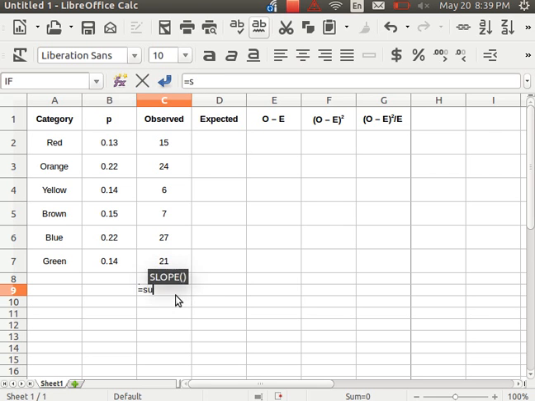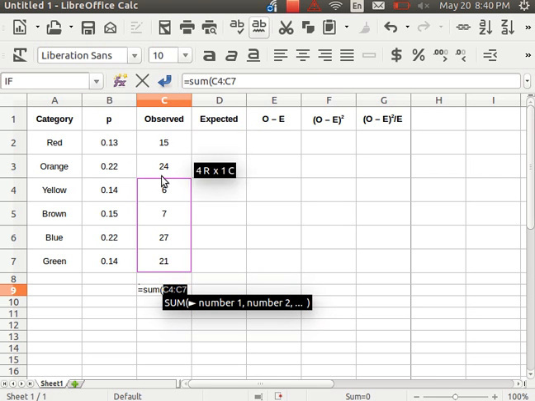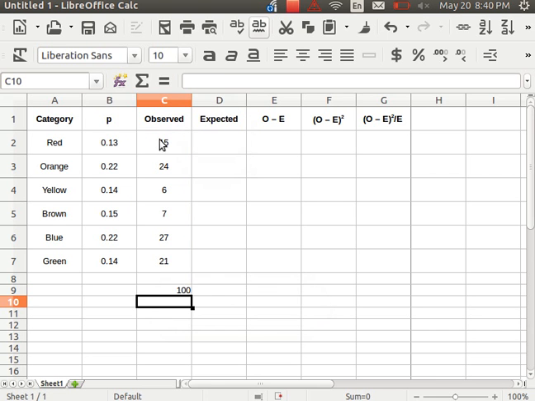So let me get the sum of all my observations. And there were 100. Now I believe this particular problem will always come out to be 100, but in general you want to count up the number of observed frequencies. So that tells you there were 100 M&Ms we observed.